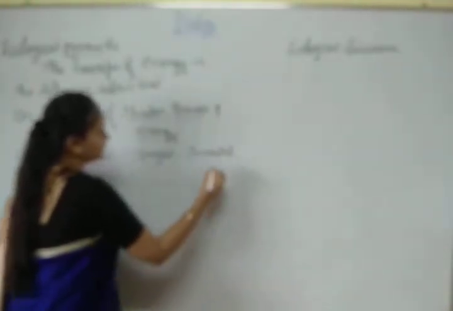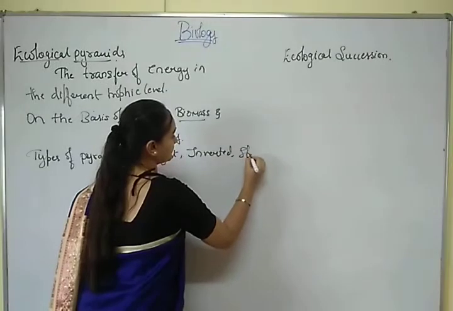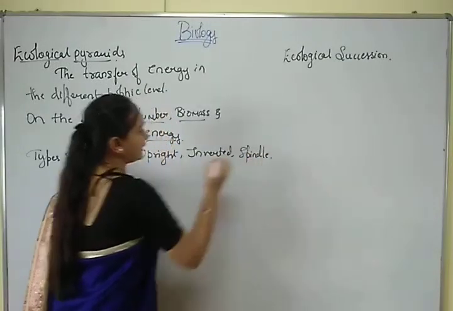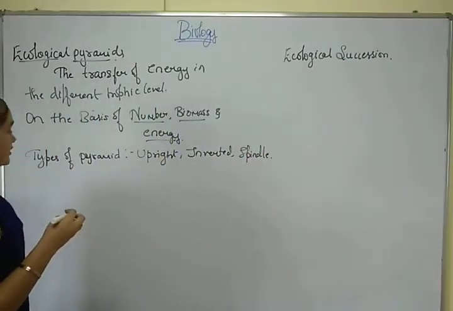a pyramid here. So the types of pyramids are: first one is upright, inverted and spindle shape. Okay, upright, inverted and spindle shape.